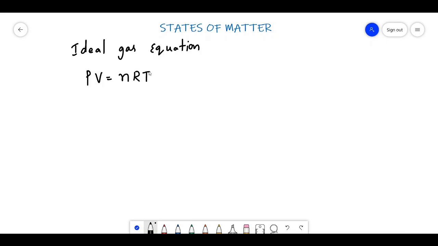This is a very important relation. Here n is the number of moles, which can be taken as weight by gram molecular weight. So PV is equal to weight by molecular weight into R into T.